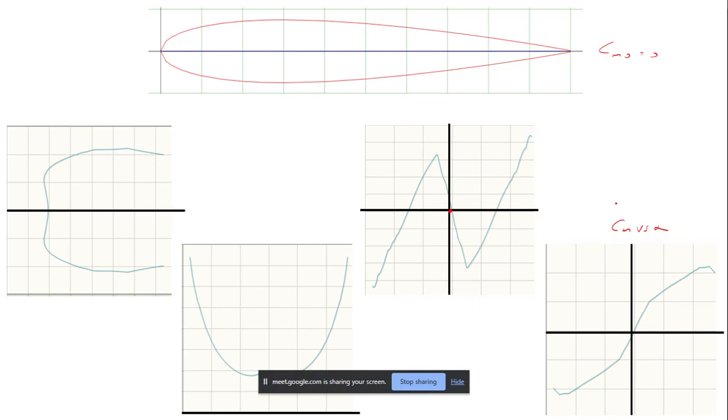Okay, so somebody else says this is CL versus alpha. Okay, what about the other graphs and what about the other participants? Just remember what we did in the cambered airfoil, relating it, and what changes if it's a symmetrical airfoil.